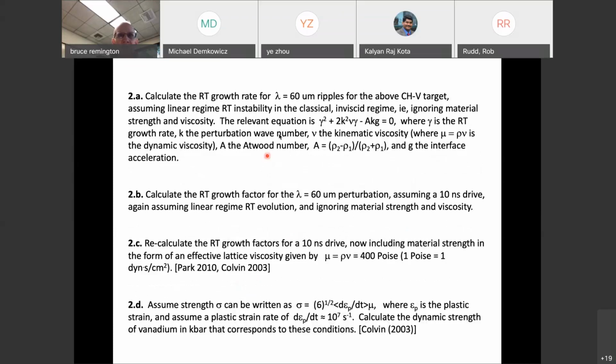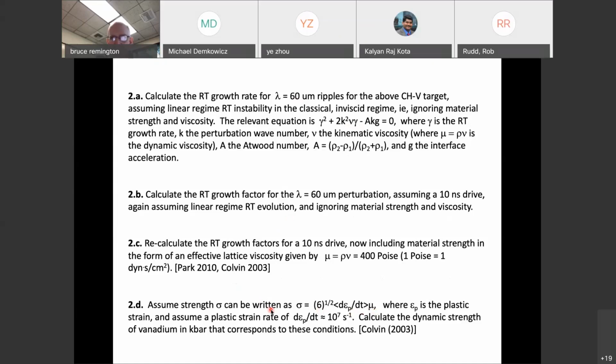And then for a 60 micron wavelength ripple, and assuming this Rayleigh-Taylor dispersion curve for a viscous fluid, where the nu is the kinematic viscosity, I want you to calculate the Rayleigh-Taylor growth rate and the Rayleigh-Taylor growth factors, and then compare this to an equation that says the strength varies as the strain rate times the dynamic viscosity.